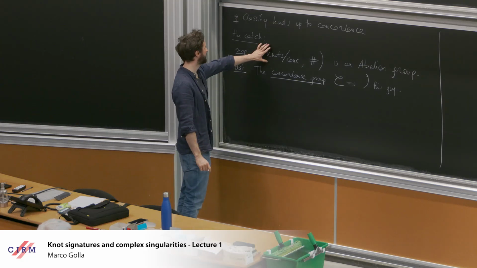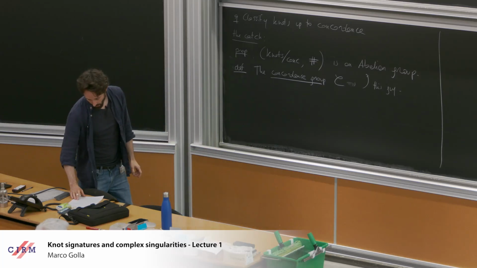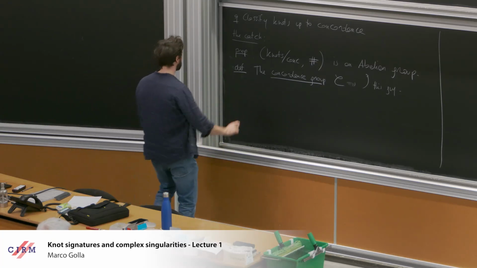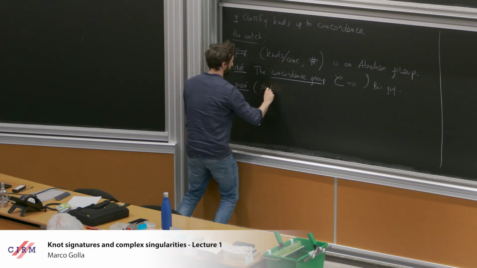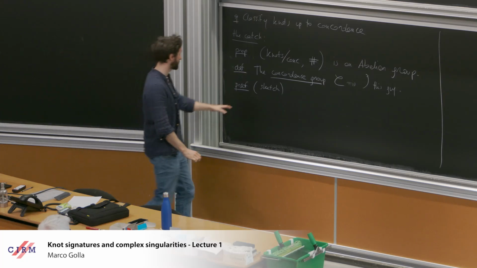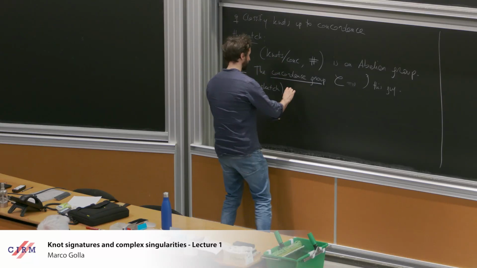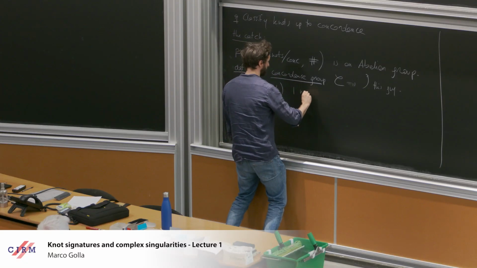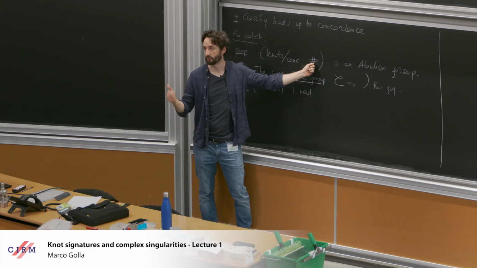So maybe let me say something about the proof of this proposition. Maybe a sketch of the proof. What is happening? I want to say that if I have two knots, so what do I need to prove? We already know that connected sum is associative and commutative.